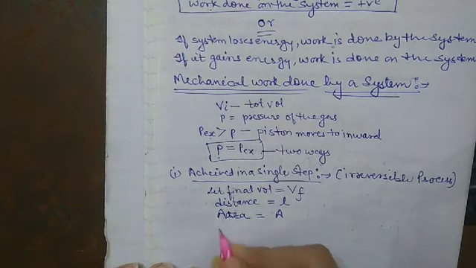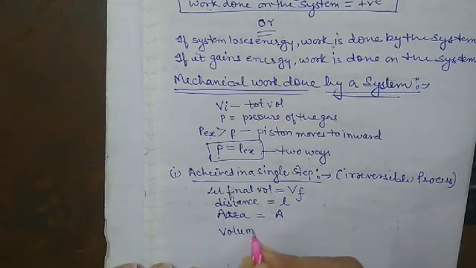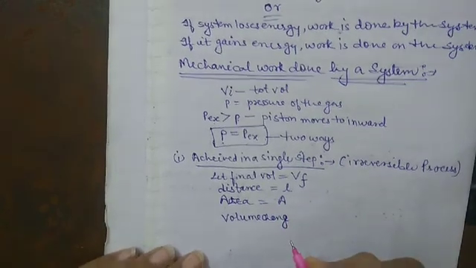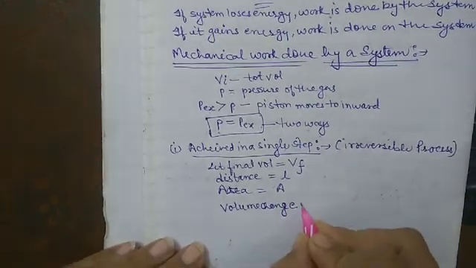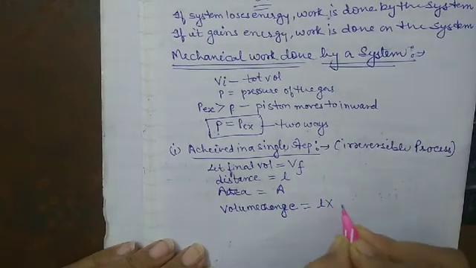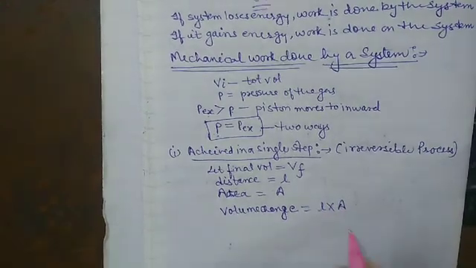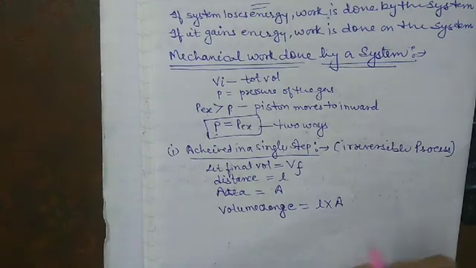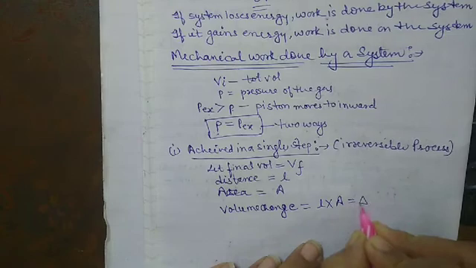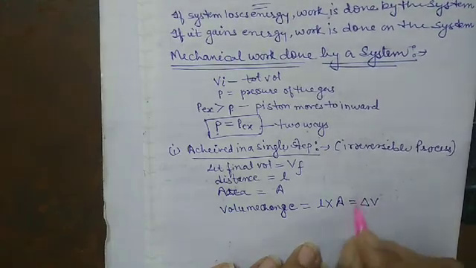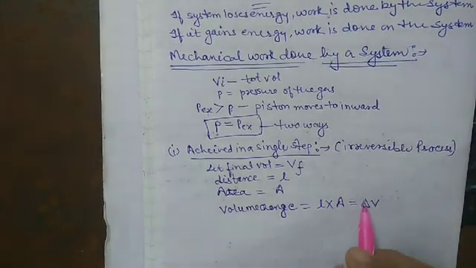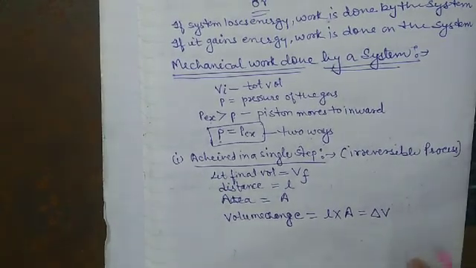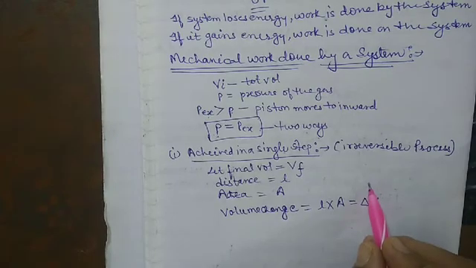So the volume change is equal to L into A, and that is delta V. The change in volume is delta V. I have already told you we show the change by two symbols, one is delta and another one is small d.